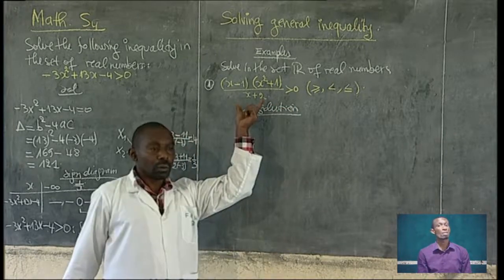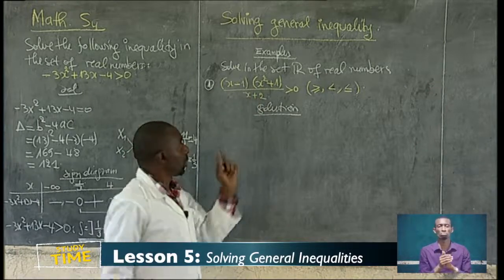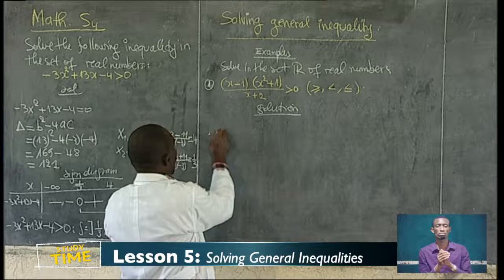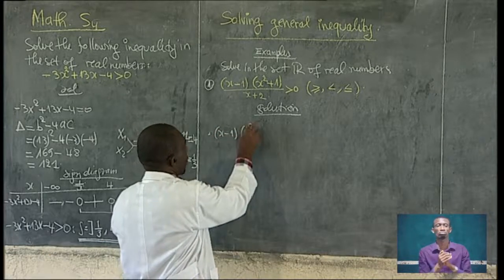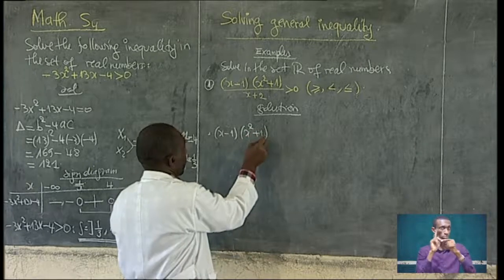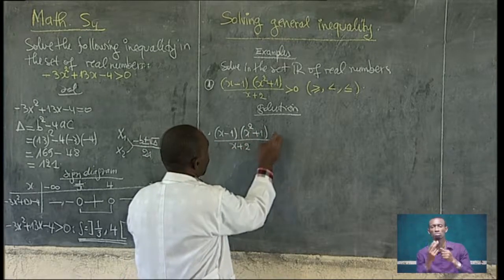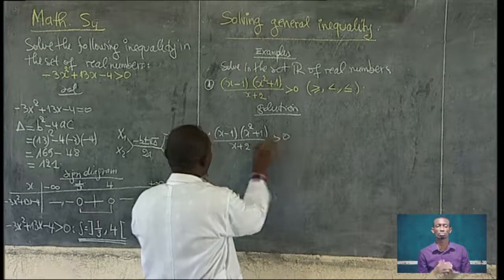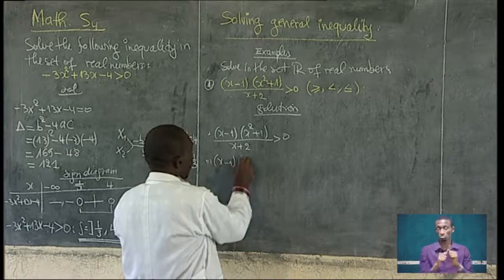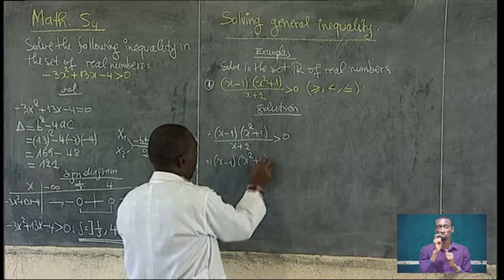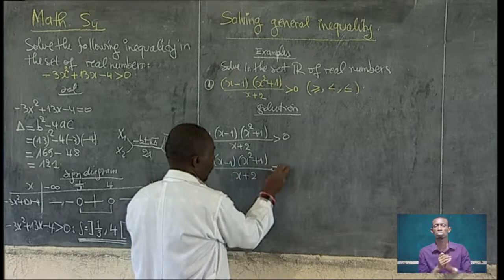First of all, I have to change this inequality into an equation. So I have (x minus 1) times (x squared plus 1) divided by (x plus 2) greater than 0, which means (x minus 1) times (x squared plus 1) divided by (x plus 2) equals 0.